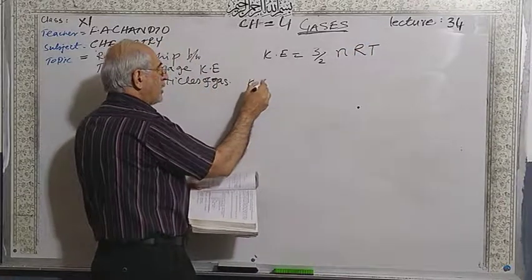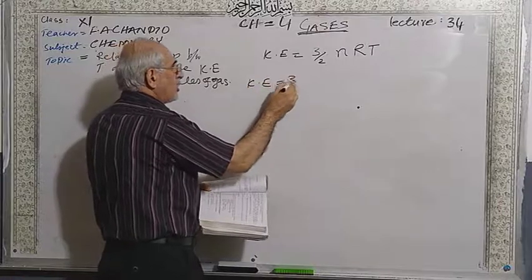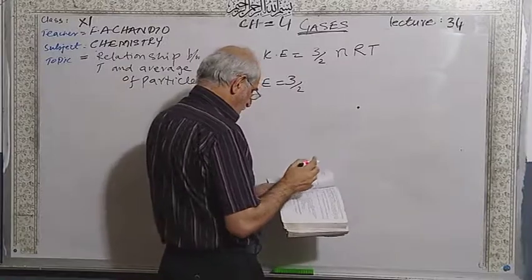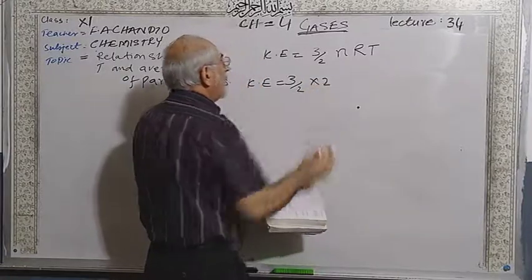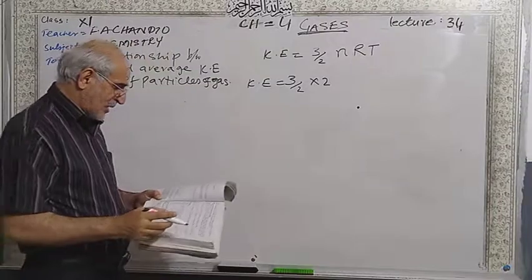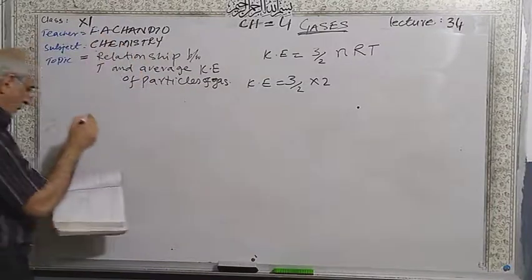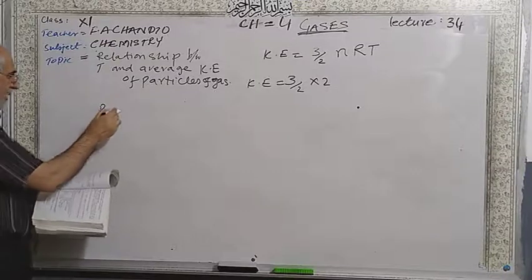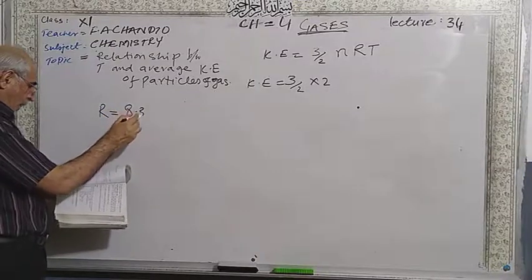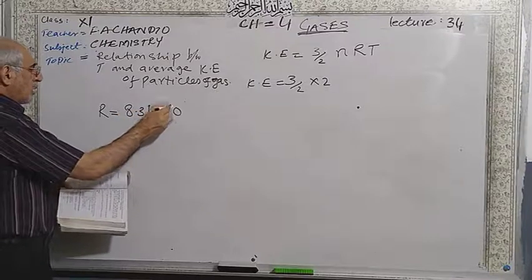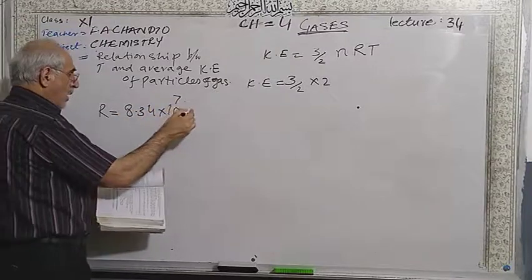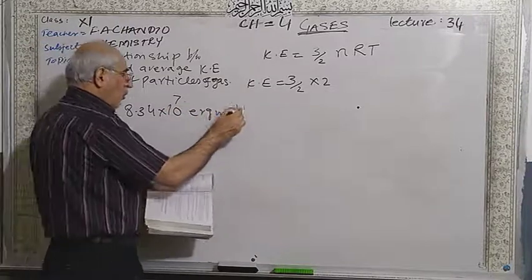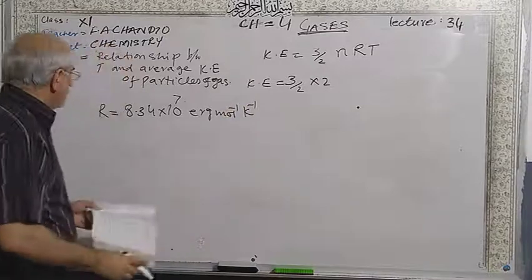So kinetic energy is equal to 3/2, and number of moles are 2. R is a gas constant, so in the unit ergs, that's 8.314 into 10 to the power 7 ergs per mole per Kelvin.